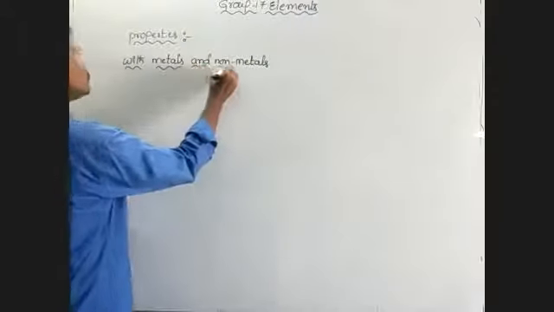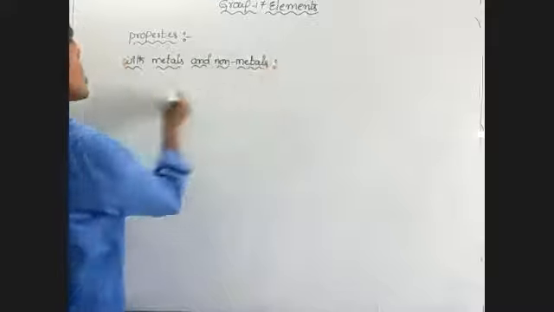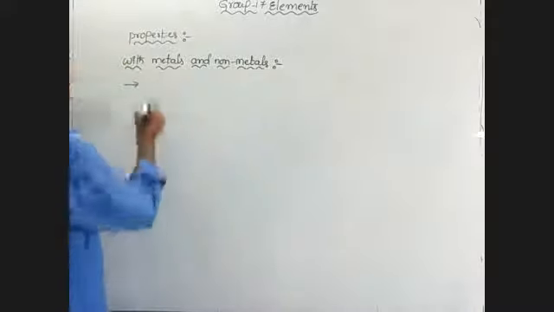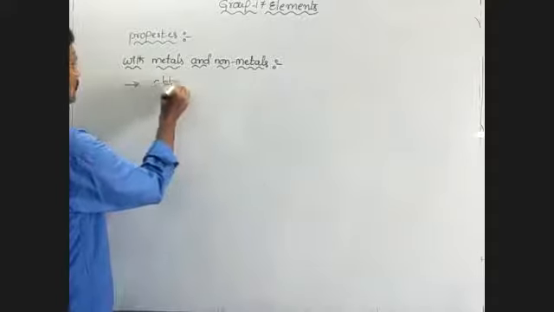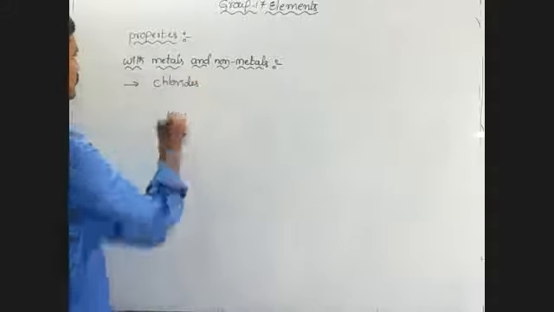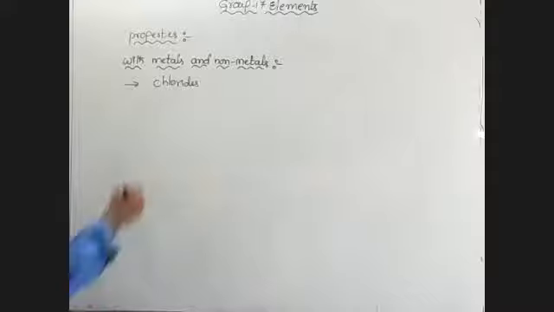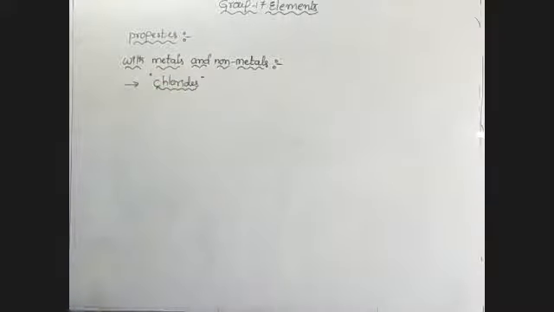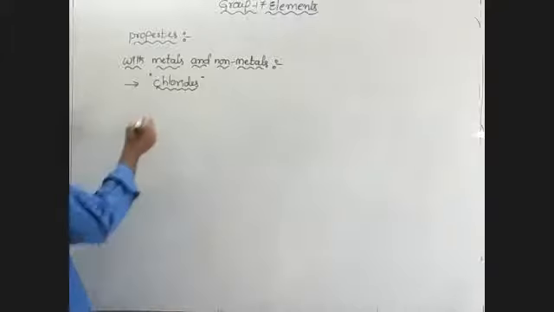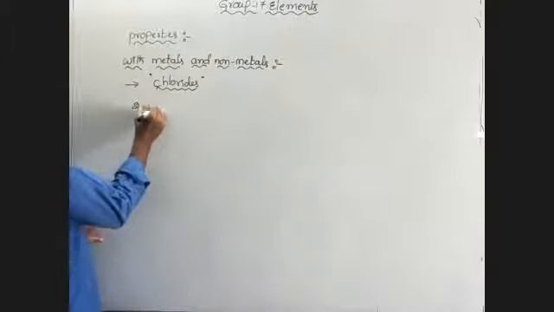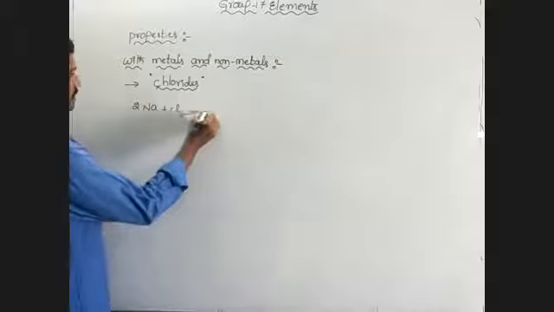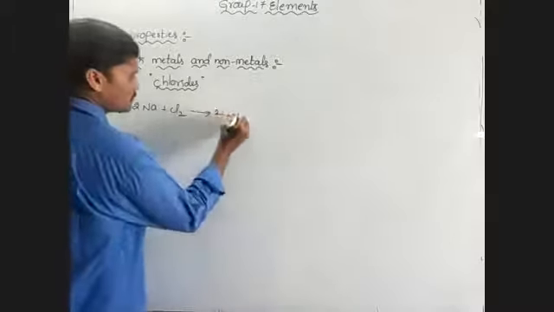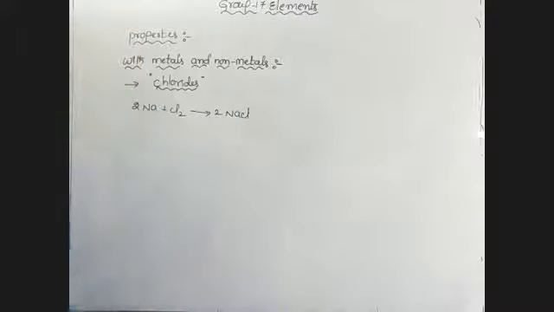Metals and non-metals. So chlorine, when it combines with metals and non-metals, forms chlorides. That means chlorine combines with sodium metal, it forms sodium chloride.